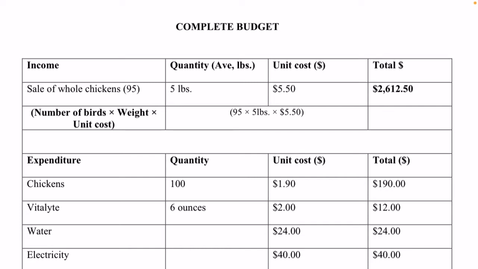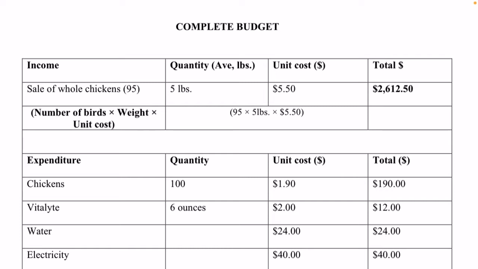The complete budget is done so that you can approximate what your income, expenditure, and surplus will be if you were to take on this venture in reality. It is often recommended that you do a budget so that you can know what your profit and potential income would be like in reality.